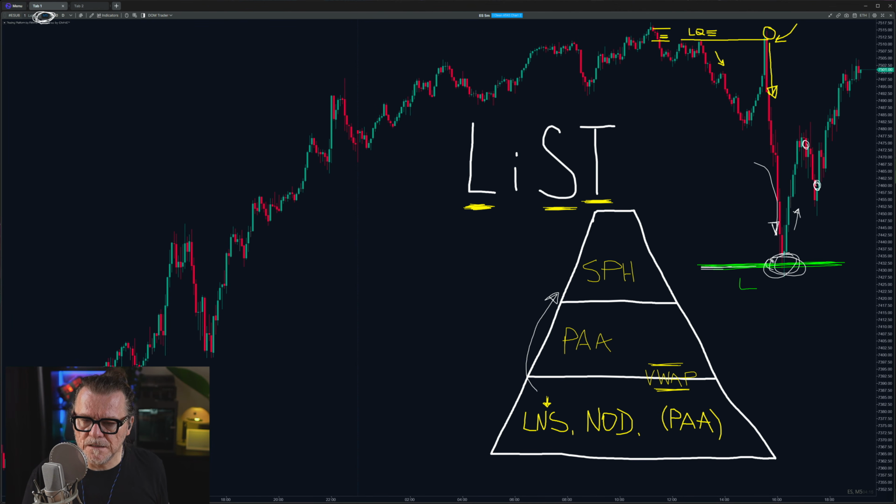We have a level, fine, but how do we distinguish between reactions to the level and just touching the level? They touch it, they make a small pullback, and they continue the original trend. That's not what we want. We want to join trends that already are in progress.